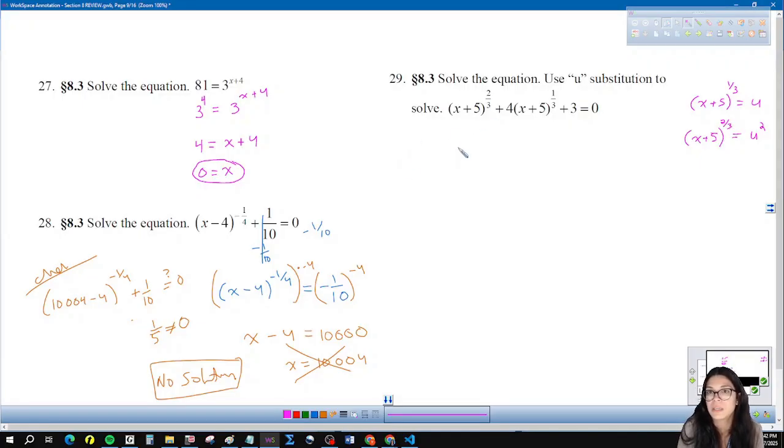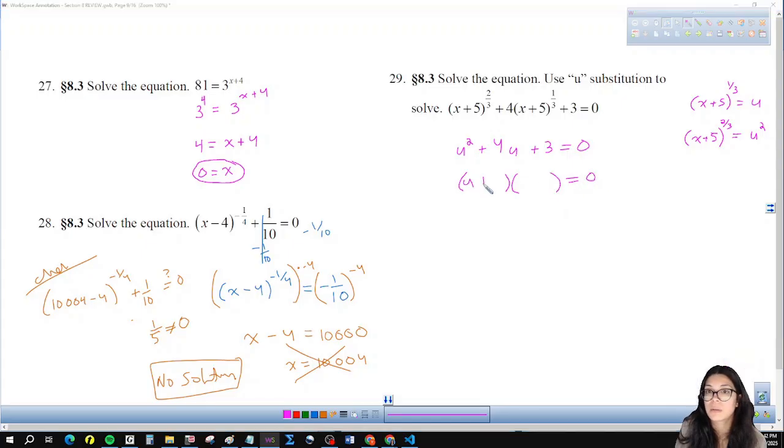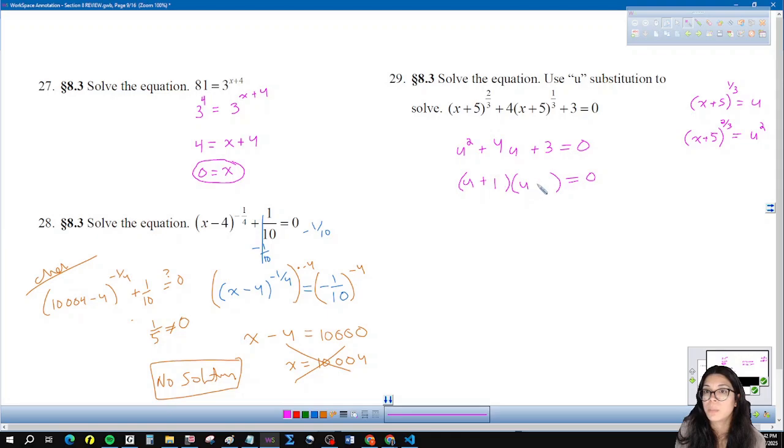So I can replace this by U squared, and I could replace the second term by 4 times U. Of course, 3 is just 3, and now I have a quadratic equation using u. With this, I can solve. By factoring, this would factor into u plus 1 times u plus 3, which should give me two solutions, u equals -1 and u equals -3.